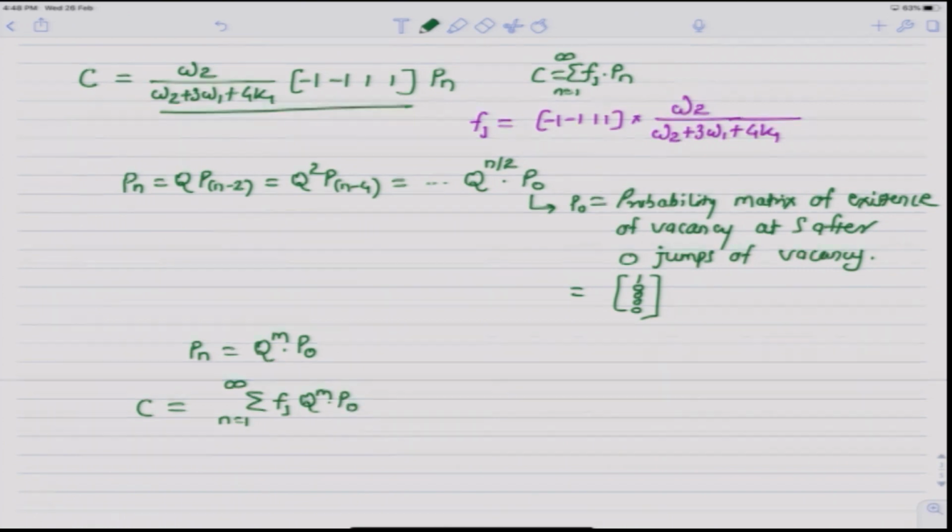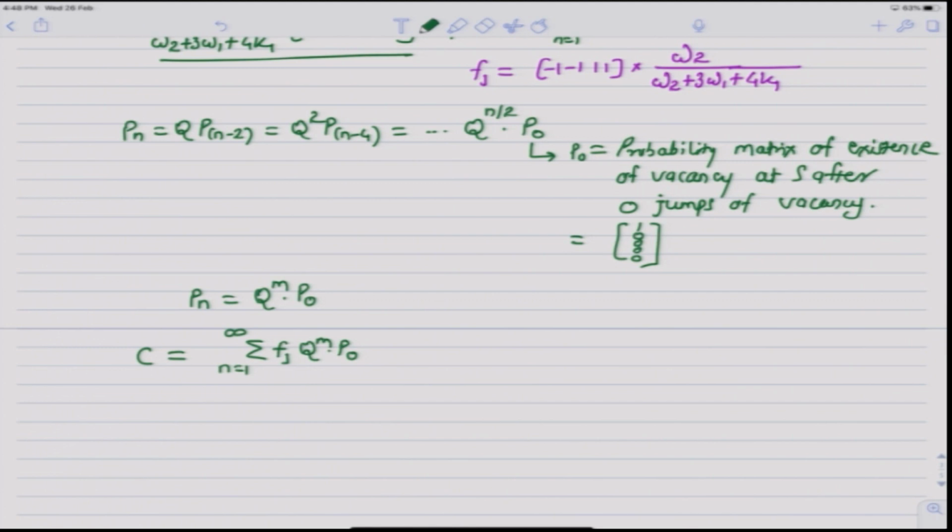Now, let us try to evaluate what is F1 times Q to the power m. So, if we first evaluate F1 times Q, that is going to be omega 2 over omega 2 plus 3 omega 1 plus 4 k1 times minus 1 1 1, and Q is nothing but Q1 plus Q2.